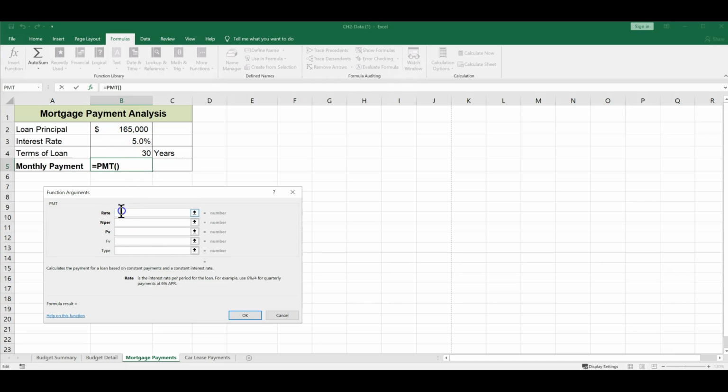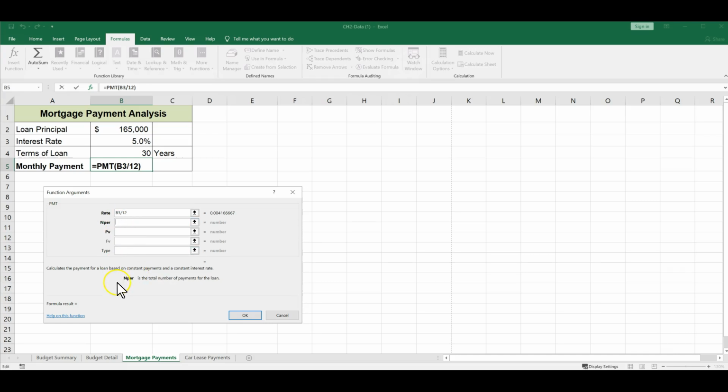Because I'm in this dialog box, I can select the cell where my value is, but that's 5% for an entire year. Look at what I'm calculating. I'm calculating a monthly payment, so I have to divide that interest rate by 12. Otherwise, I'm going to say I'm paying 5% a month, and that would be outrageous.